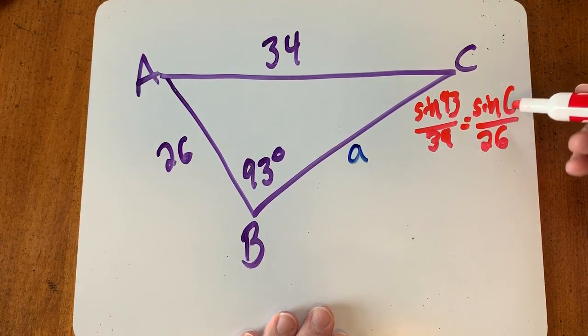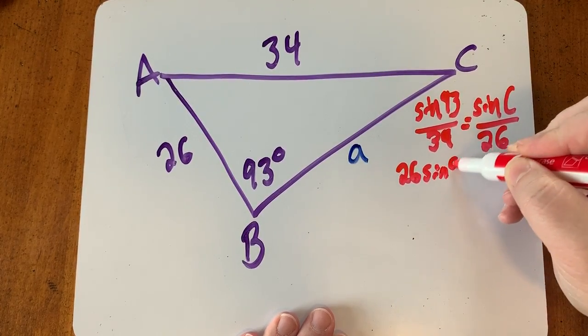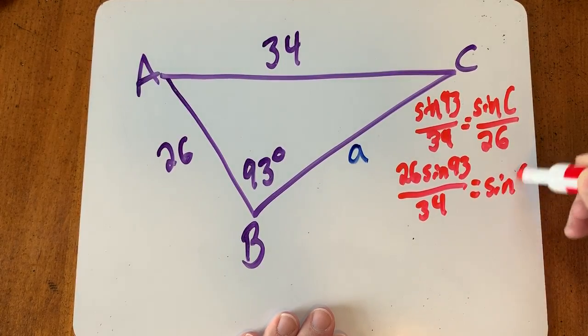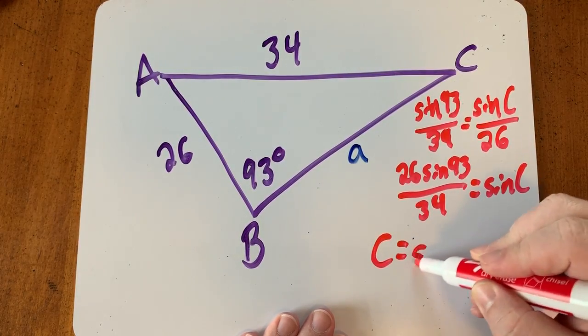We're trying to get C by itself, so multiply both sides by 26. 26 sine of 93 over 34 equals sine of C. To undo sine, we do sine inverse.